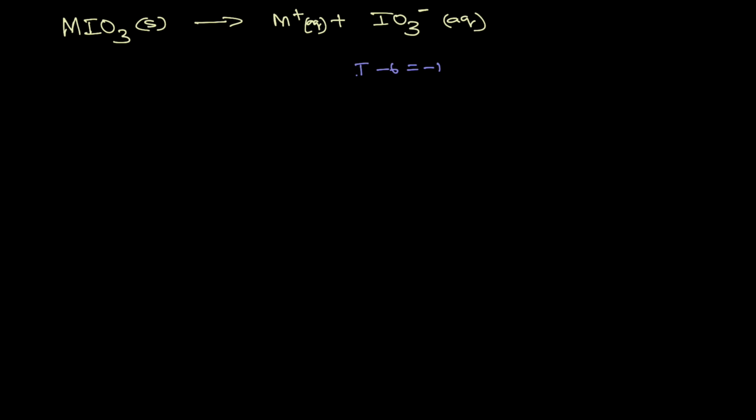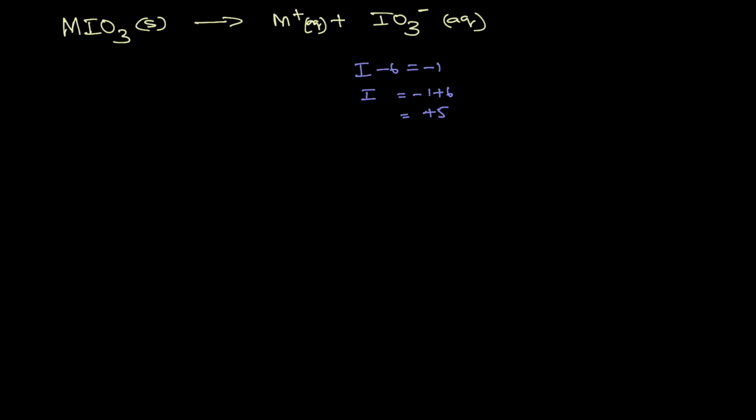Okay, so we've got M iodate 5, and that's solid, and it dissolves in water to form M plus and iodate 5 ion, which are aqueous. The reason why we call it iodate 5 is because we've got the overall charge of -1, and the oxygen is -2. -2 times 3 is -6, and so iodine will become -1 plus 6, and that is plus 5.